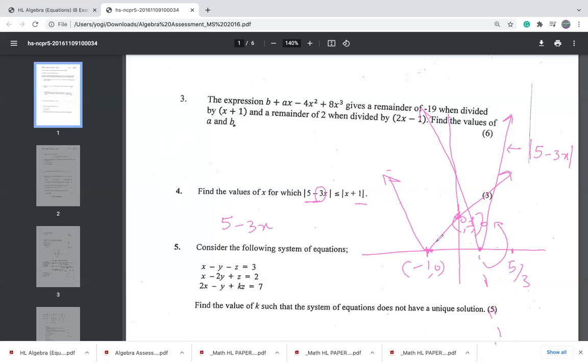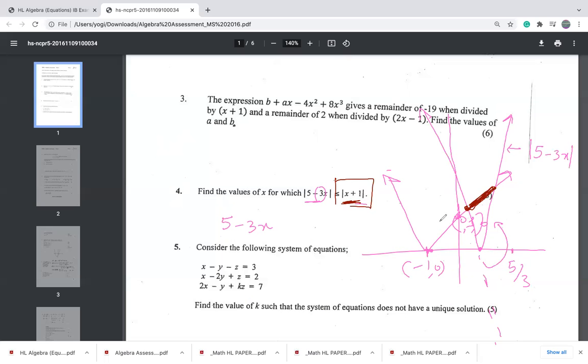Now to solve using the graphs, firstly you need to get the intersections. Graphically, you want to see where the absolute value of x plus 1 line is above this graph. That's happening only between these two points.